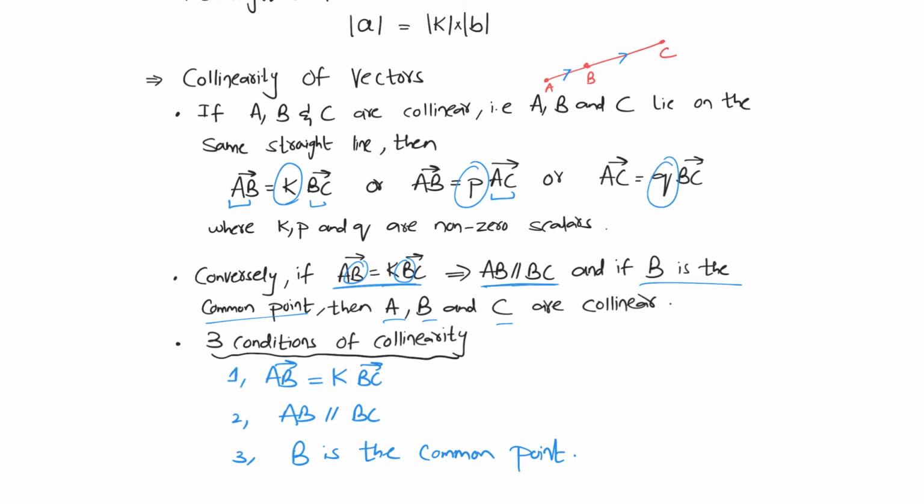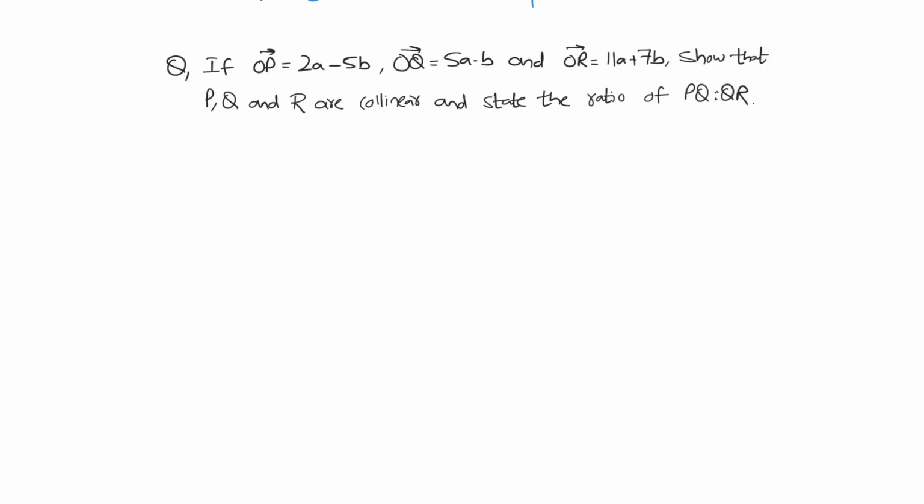If one vector is represented as a scalar multiple of the other vector, the 2 vectors must be parallel and there should be a common point. So B is a common point, then you can conclude that the 3 points A, B, C are going to be collinear. So let's look at a question at hand.